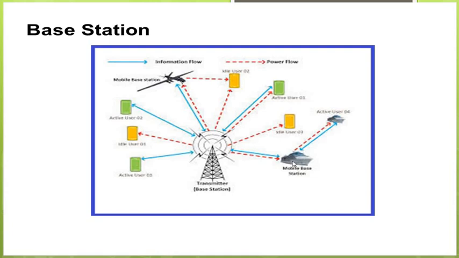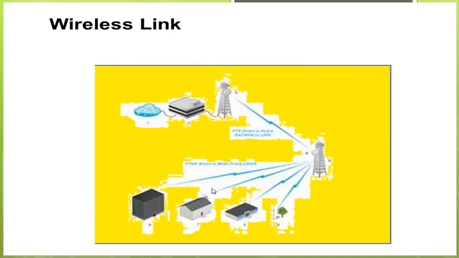An example of a base station is the Wi-Fi access point at your home or a cellular network. The third component of a wireless network is the wireless link. This is the link between the wireless host and the Wi-Fi access point. So these are the three elements of a wireless network.